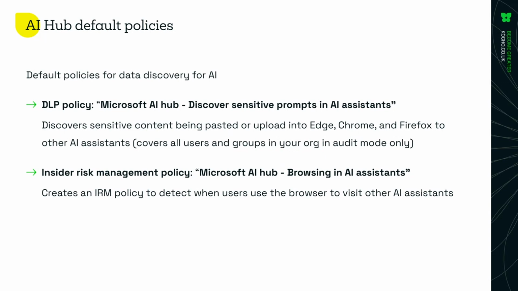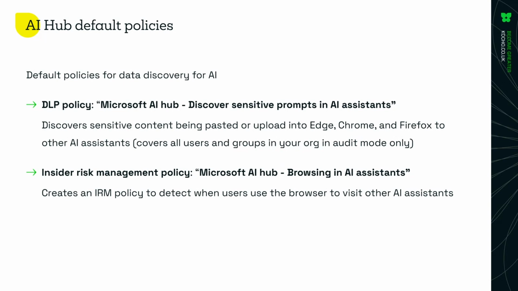So it's not just Copilot here, it's the other things as well. It puts it in this policy by default in audit mode, covering all users and groups. You can then update those policies afterwards to customize them slightly, to bring in the other information that you're particularly interested in, or to cover certain groups of users if you don't have licenses for everybody.